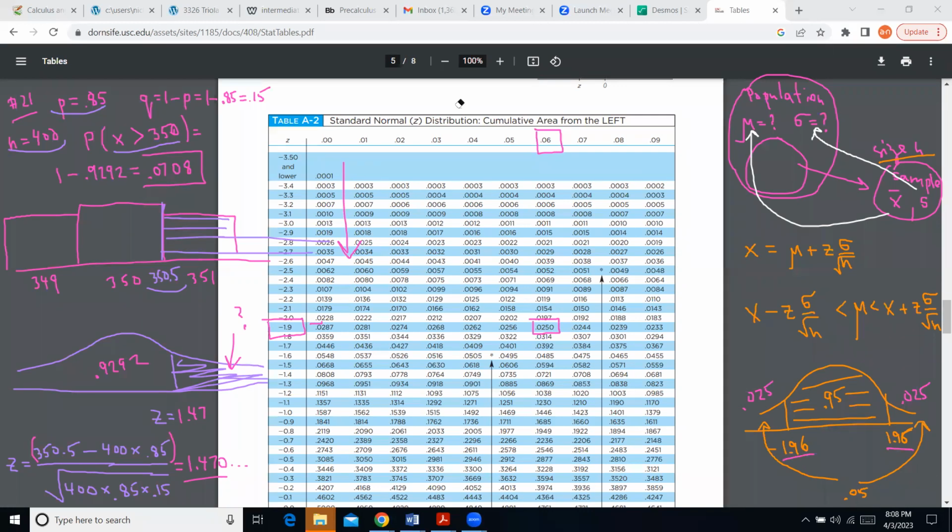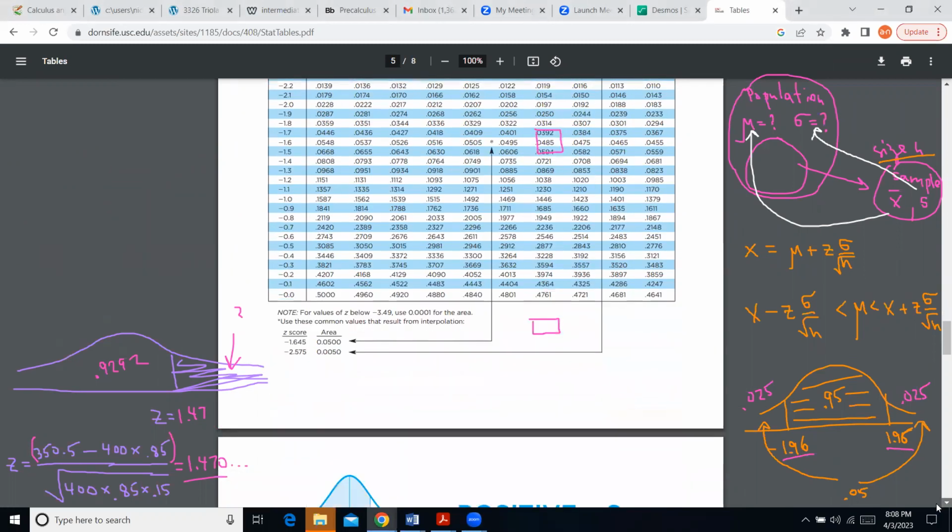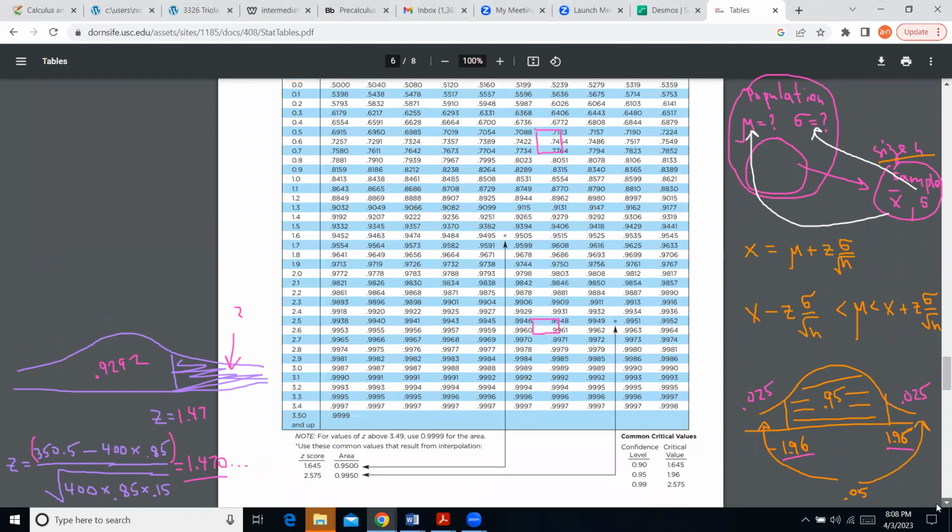And that's what the little table on the bottom actually told me right away. So I don't really have to look for these scores every time. Again, just scroll down a little bit and you will see the summary little chart under the positive z-scores. So they tell us if confidence is 95%, then the z-score is 1.96.